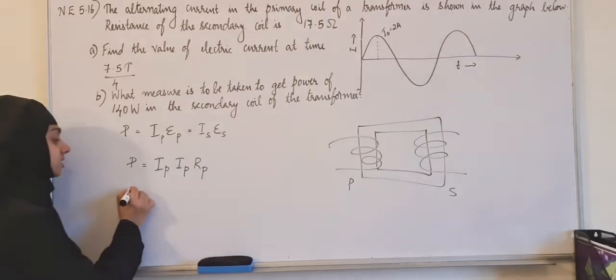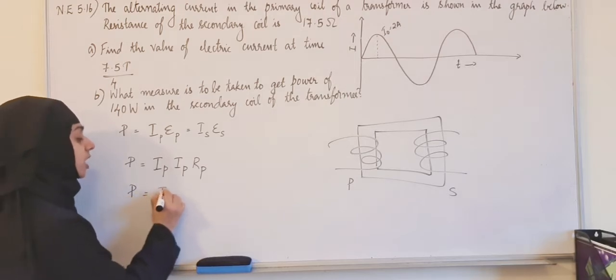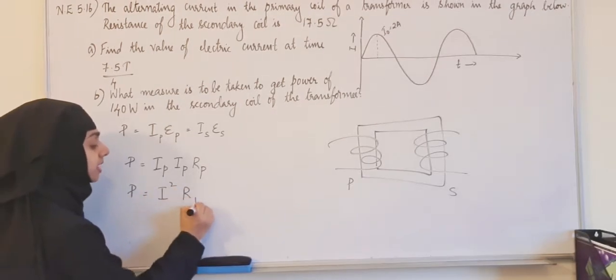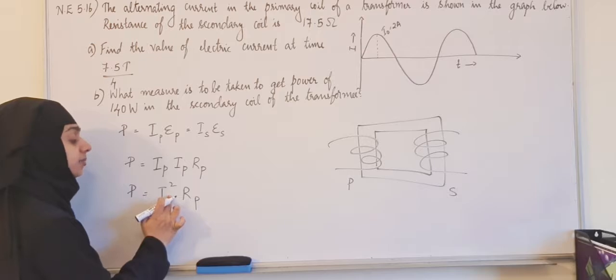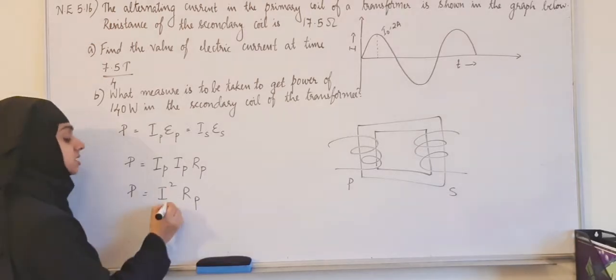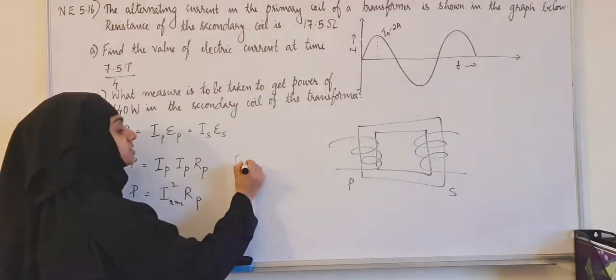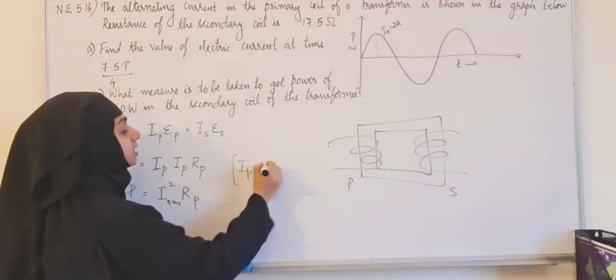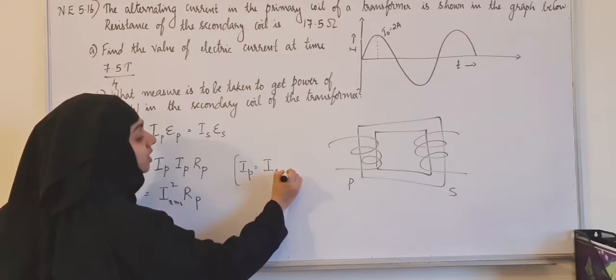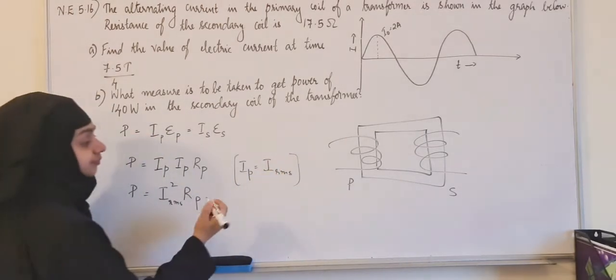So I will get here power is equal to I squared R_P. This is the current in primary. Since it is AC, I have to consider the RMS value. So here I have taken the current in primary as the RMS value of current in primary.